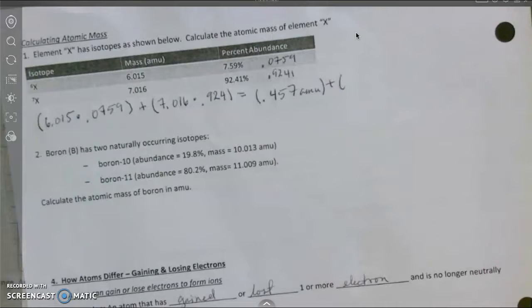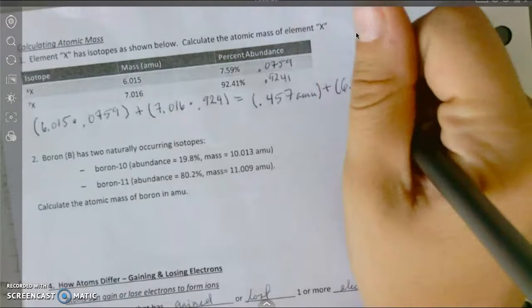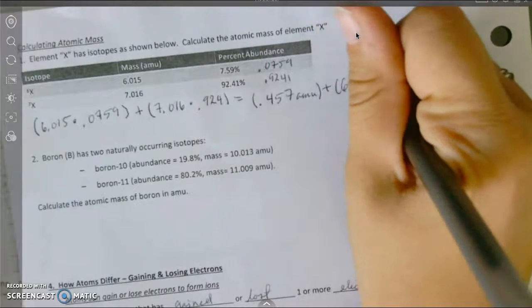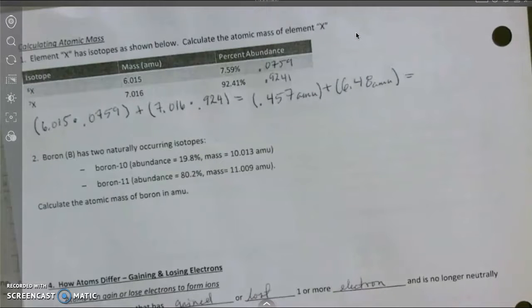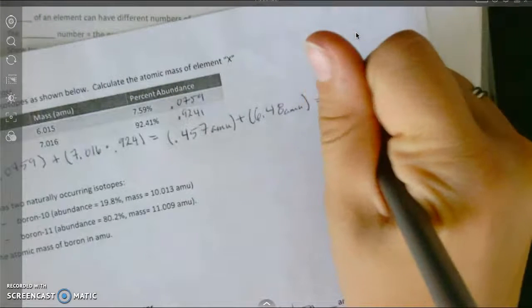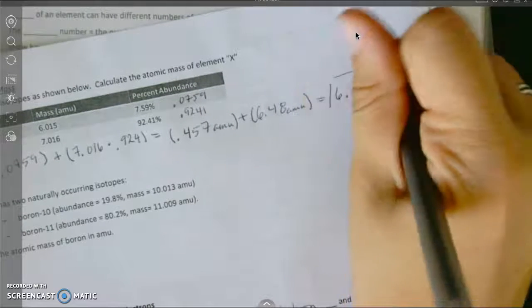So I'm going to take 7.016, and multiply that by 0.924. That gives me 6.48 atomic mass units. And so when I add those together, I get my final answer of 6.94 atomic mass units.